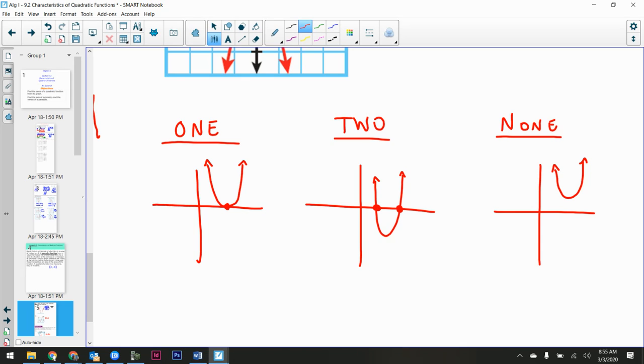Okay, the space provided. We only moved down, we didn't move up. I wanted to do the examples first. All right, so there are three options that you could have. A quadratic could have 1 zero. It could have 2 zeros. It could have no zeros at all. Those are your three different options that you could possibly have.